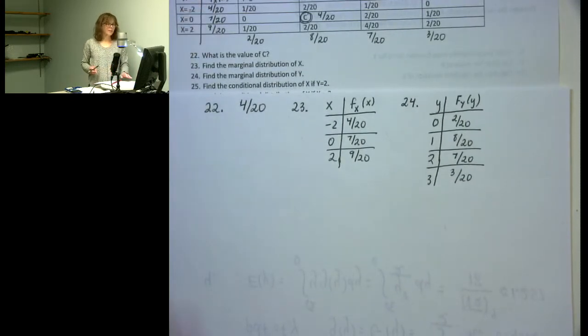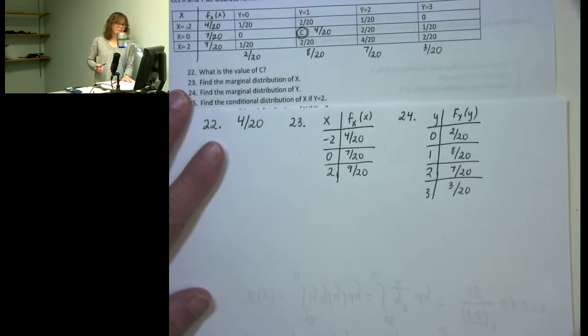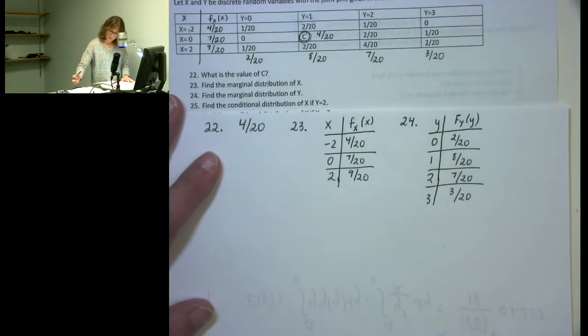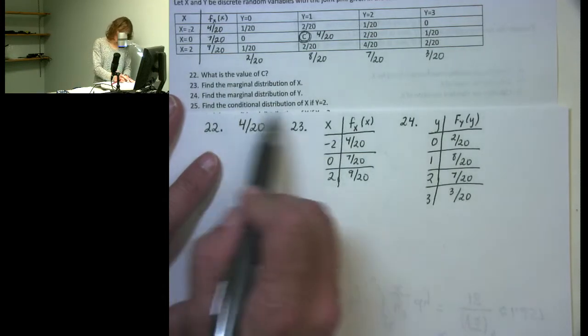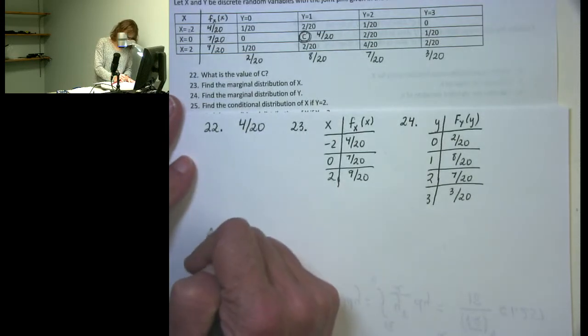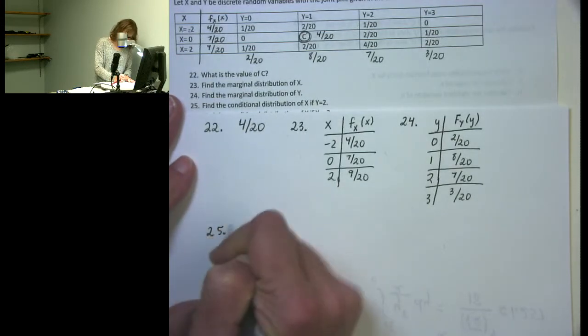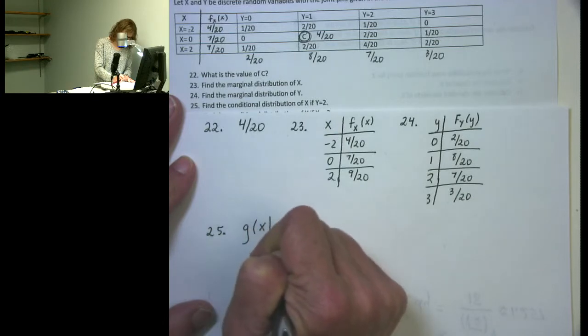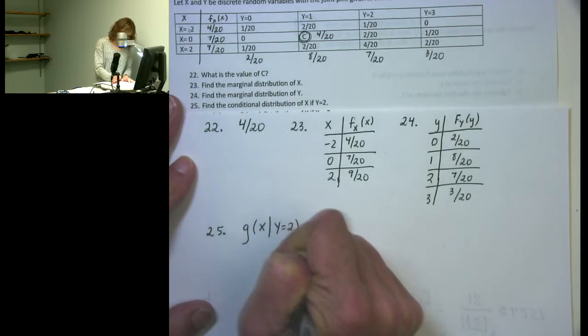Okay, 25 asks me to find the conditional distribution of x if y equals 2. So I'm finding the conditional distribution of x if y is 2, so just using the notation of the book, I'm looking for g of x given that y is equal to 2.